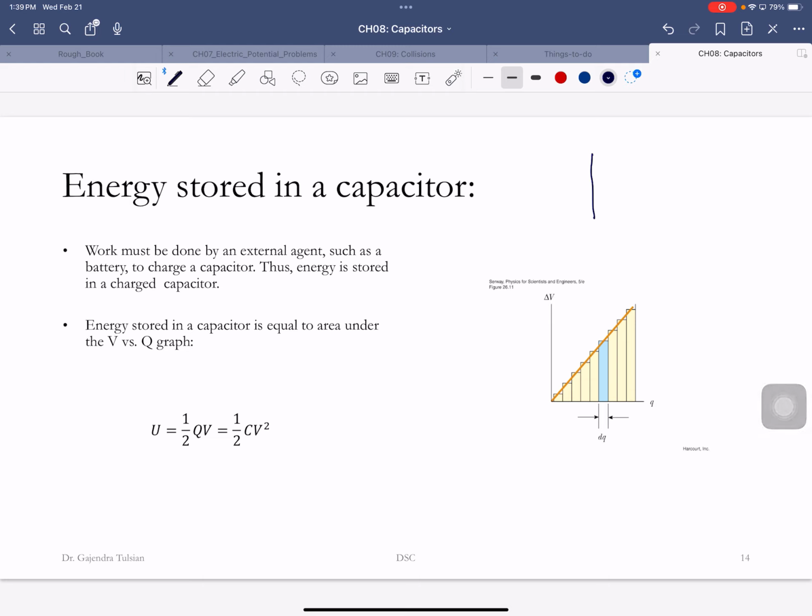The amount of energy stored in the capacitor is 1/2 times the capacitance times the voltage it's been charged to, voltage squared. So 1/2 CV squared. That's how much energy is stored in the capacitor. So the higher the voltage you charge it to, the more energy you've stored. The greater the value of the capacitance, the greater the amount of energy you can store in it.